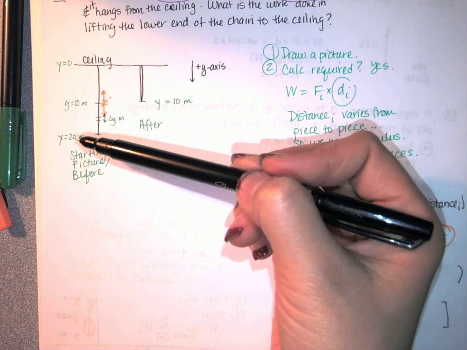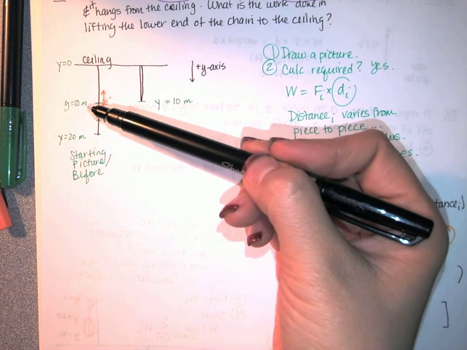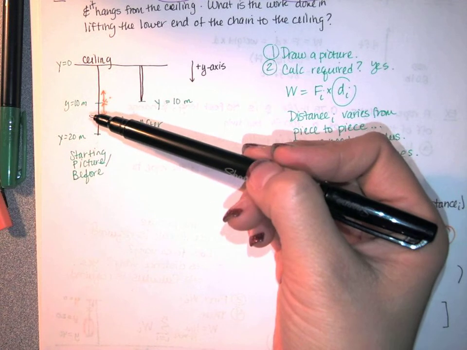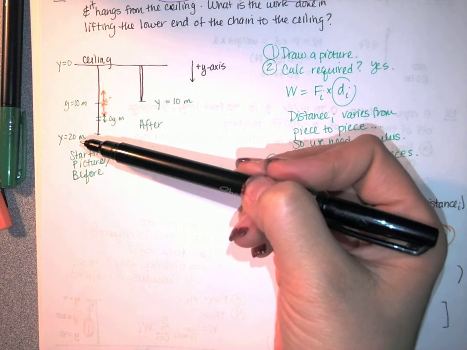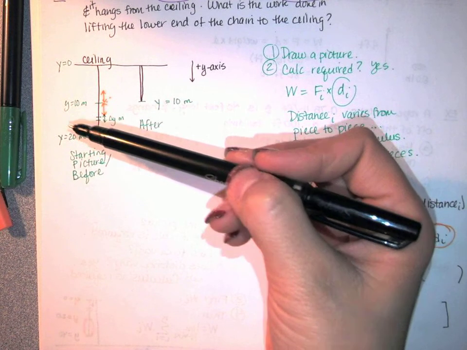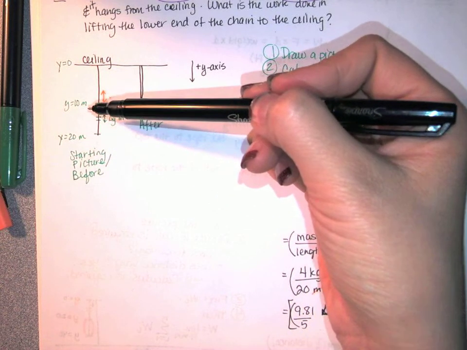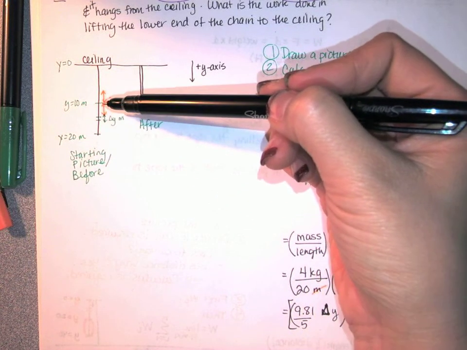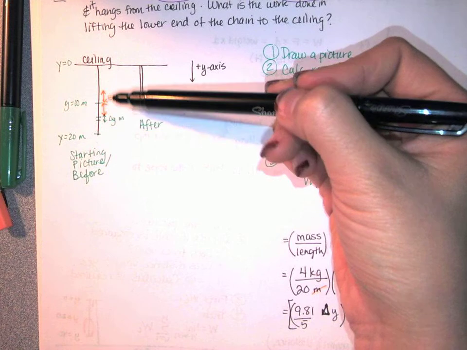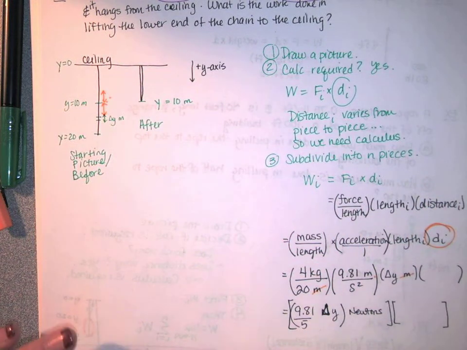So we want to do larger y minus smaller y in order to get real distances. I don't want to do 10 minus 20 and get negative 20 meters. It doesn't make any sense. I would want to do 20 minus 10 and get 10 meters. So I want to do this one minus this one to get a positive distance, and then I want to double it to get the total distance.